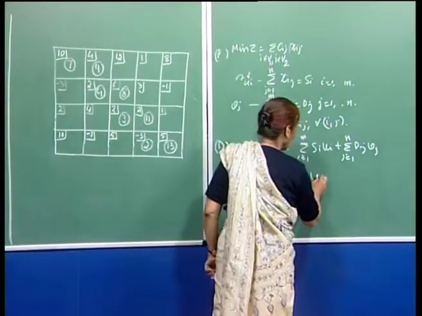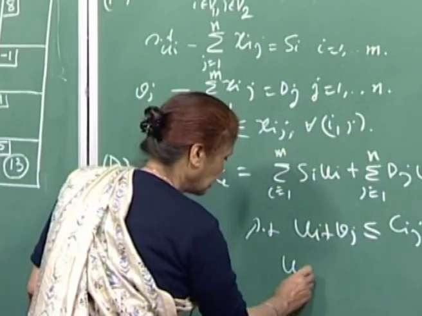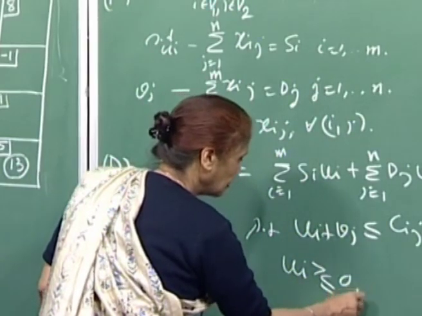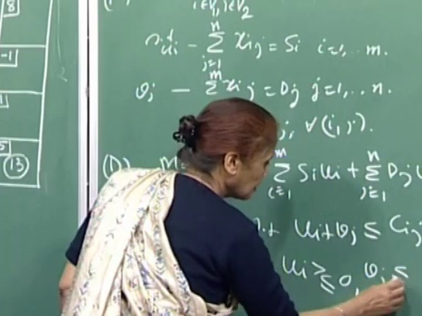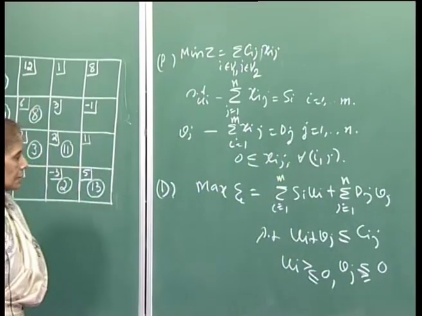So, subject to u_i plus v_j less than or equal to c_ij. So, simple structure, no restriction on the signs of u_i, v_j for all i and j, right.